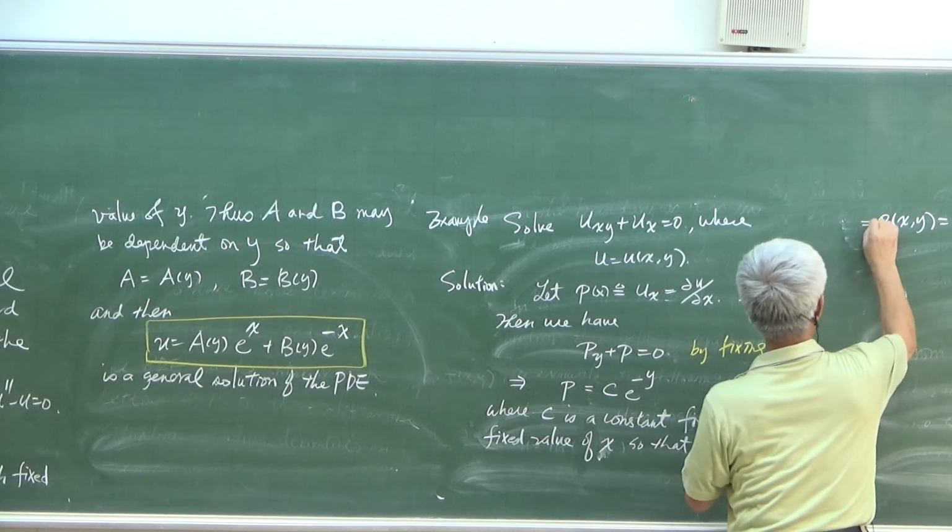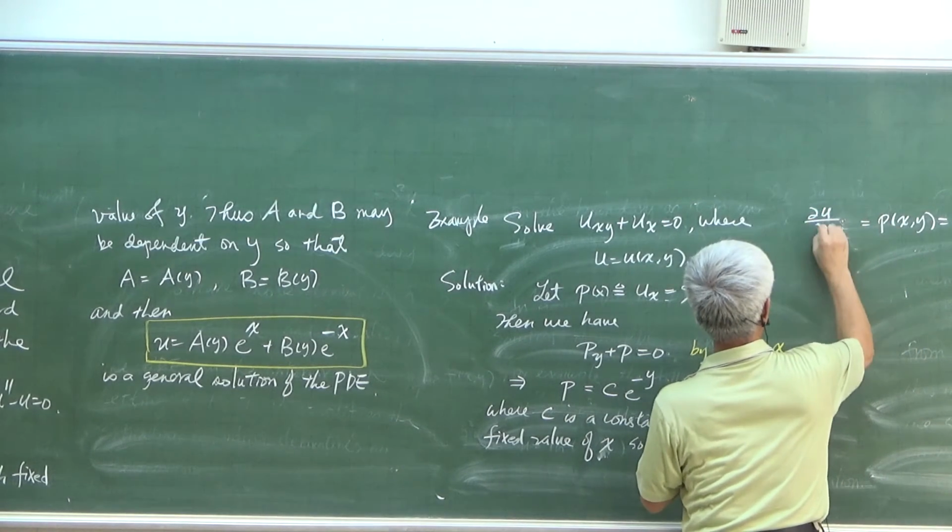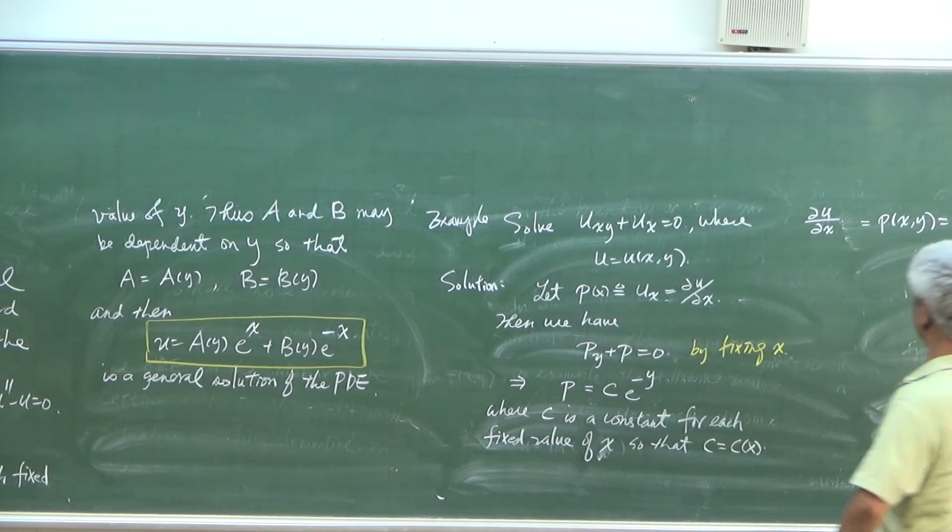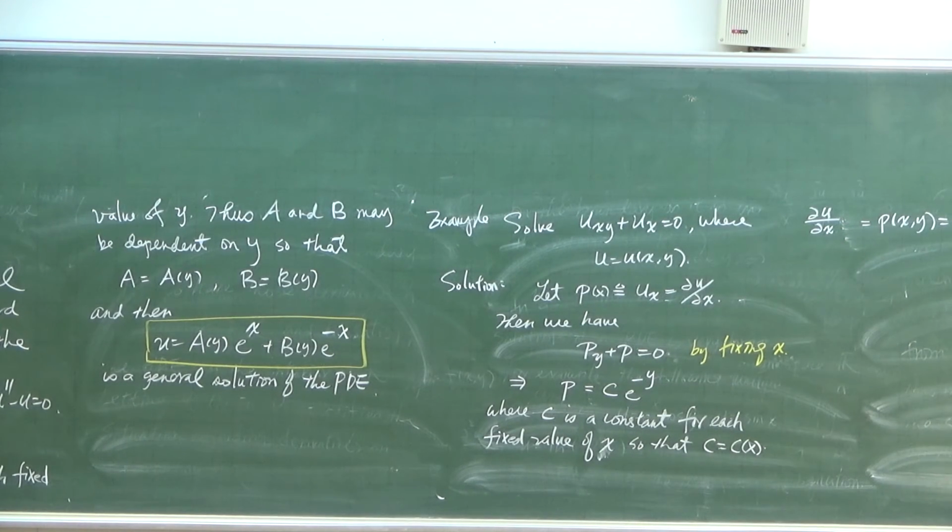But we know that p is actually the partial derivative of u with respect to x.